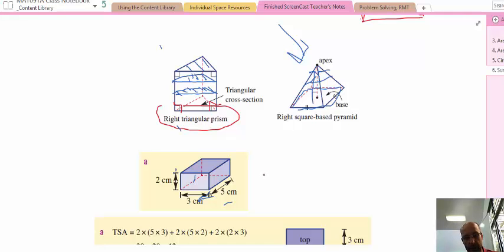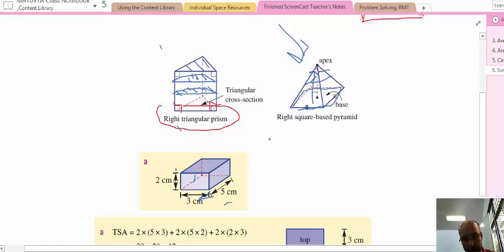Surface area is something that you've probably heard about before. It's something that sometimes is made out to be more complicated than it is. It's actually quite a simple idea. It's an application of area, which we've been looking at. It's basically adding all of the areas of all the outward facing surfaces of a solid together.